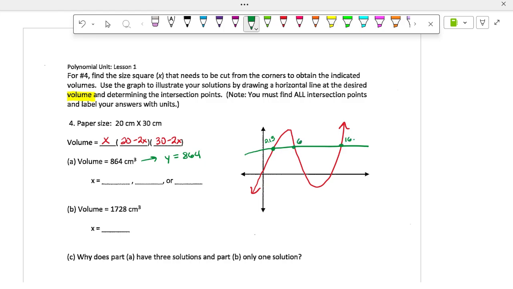This is 16.87. And this is when Y is equal to 864. And that's literally the possibilities for the heights of our squares. So the possibilities are 2.13, 6, or 16.87 centimeters each.